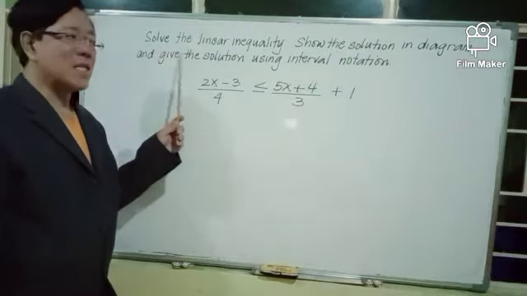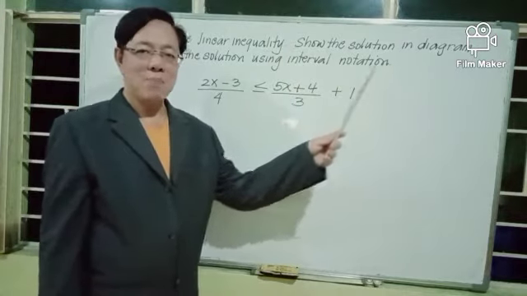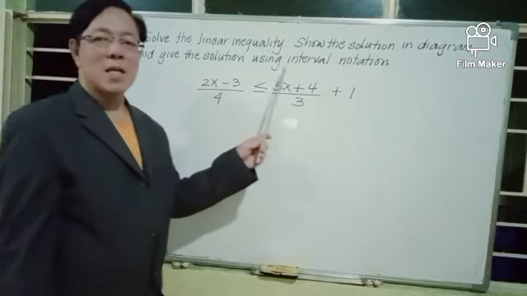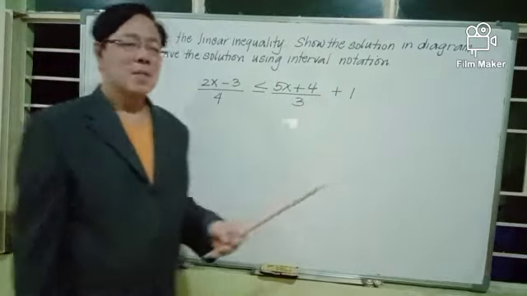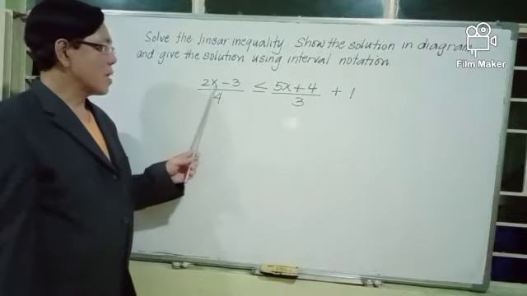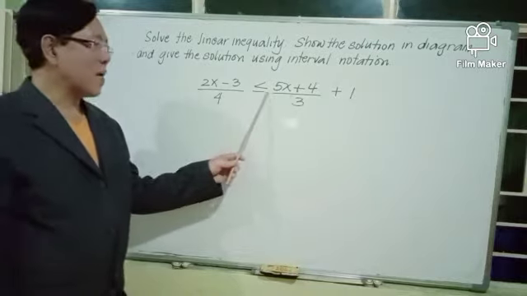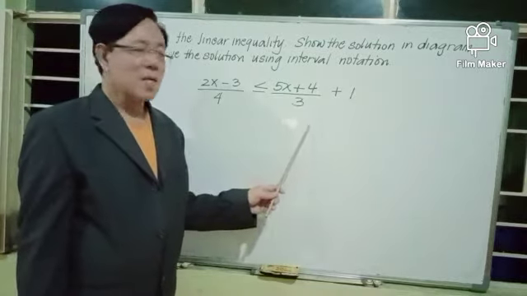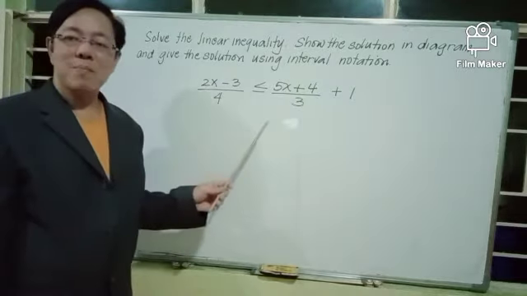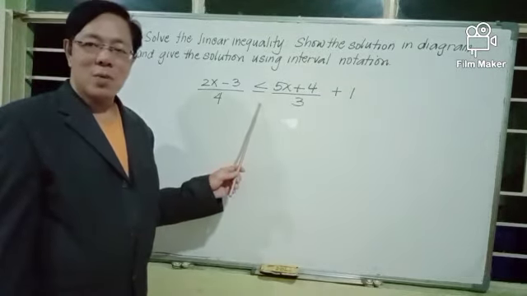Solve the linear inequality. Show the solution in diagram and give the solution using interval notation. For our first example, the given is (2x minus 3) all over 4 less than or equal to (5x plus 4) all over 3 plus 1. This is an example of linear inequality because it contains an inequality sign, less than or equal to.